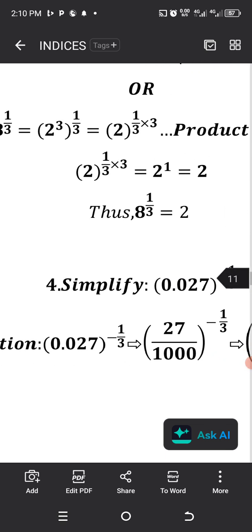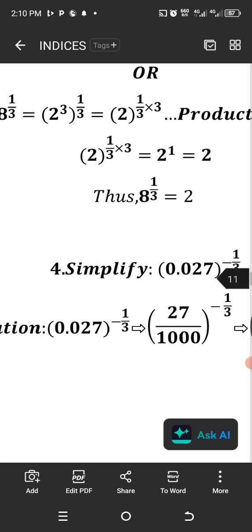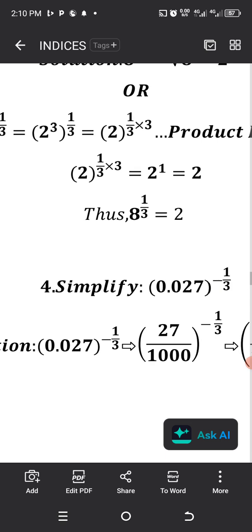Applying the product rule, the index inside the parentheses will go outside. So you have 2 raised to power 1 over 3 multiplied by 3. Eventually 1 over 3 multiplied by 3 is 1. That is why it is 2 raised to power 1, which is 2. All the same. Any approach you want, just have the basic understanding of where and how you can apply the laws. Sure you get it now.